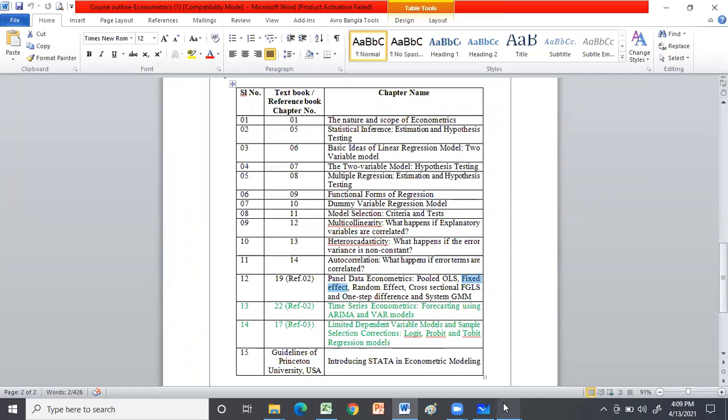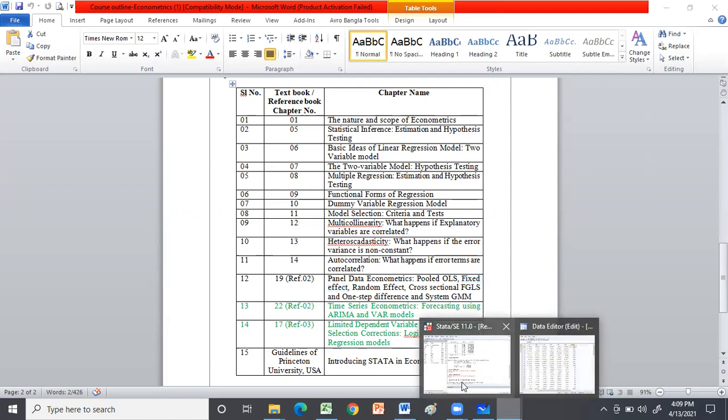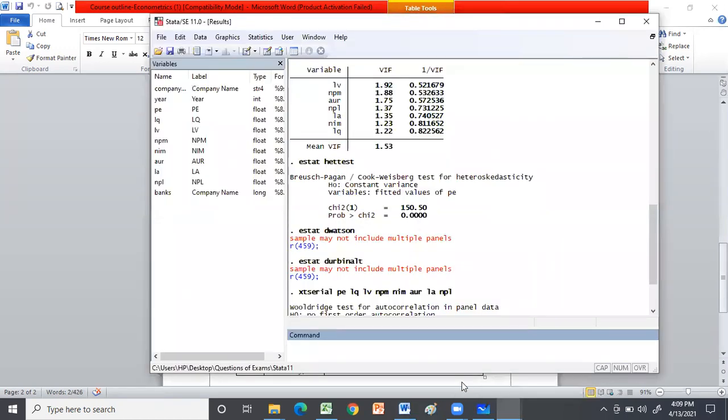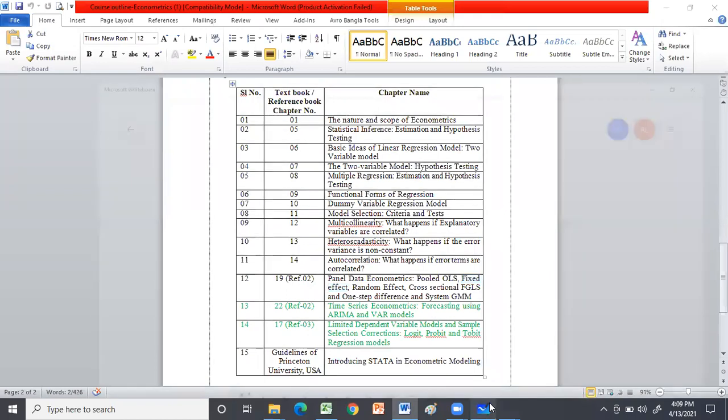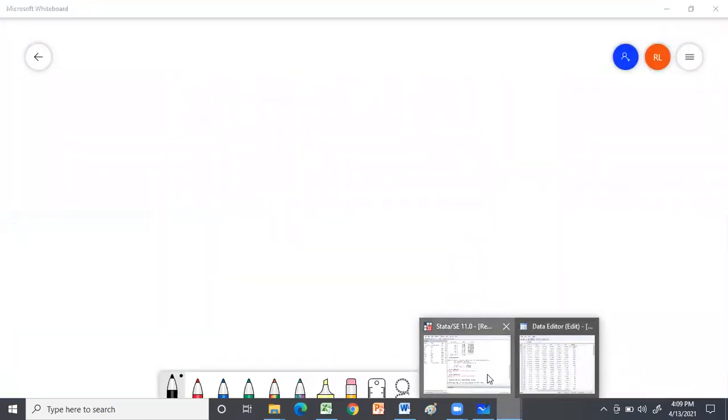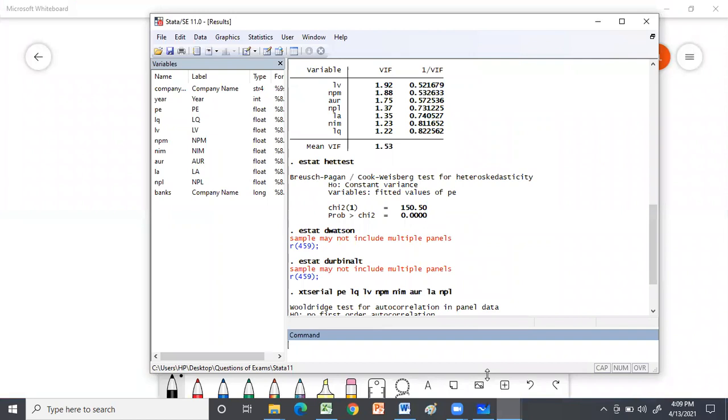When the fixed effect method is estimated, as I told you, its constant or intercept will not vary across time. But the question is, how can you estimate the fixed effect method, or what is the command to estimate the estimators using the fixed effect method for your panel data set? The command is almost similar to the earlier pooled method. It starts with XTREG.